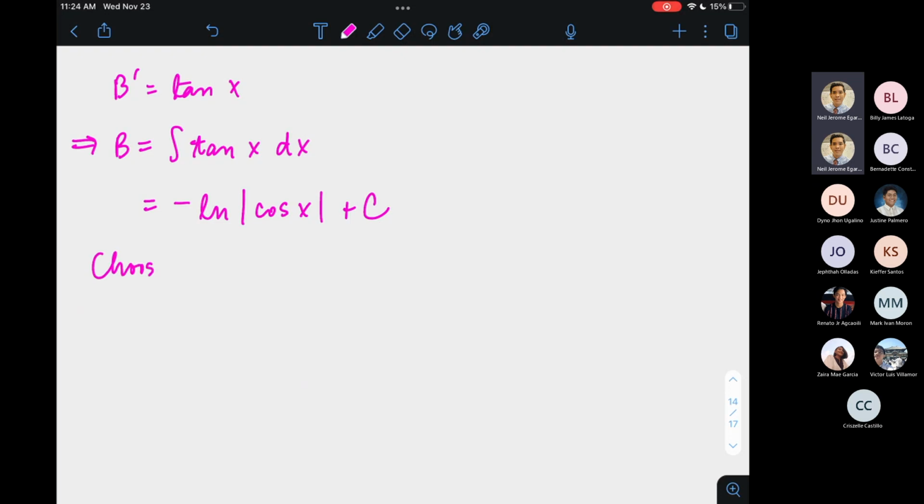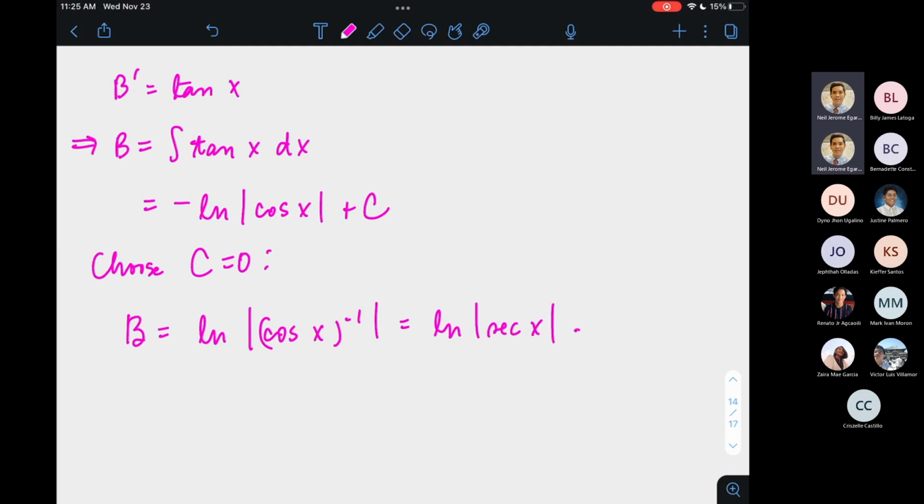So we can choose c to be equal to 0, because I'm looking for a particular b only. I'm not looking for all possible b. I'm just looking for one particular b. Alright? So here, I'll choose c equals 0 so that I'll have a simpler b. To remove the negative, I can write cosine to the negative 1. So this becomes ln of the absolute value of secant x.